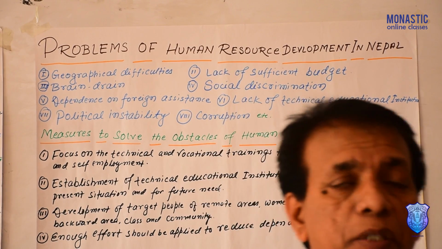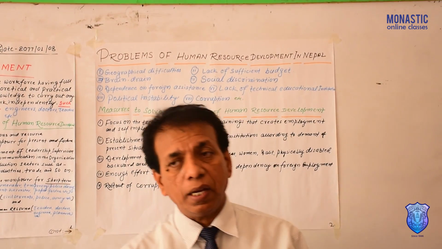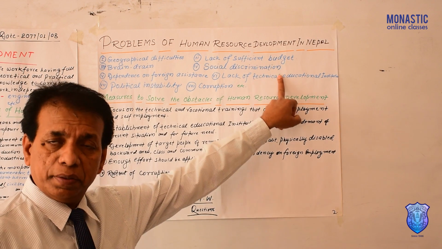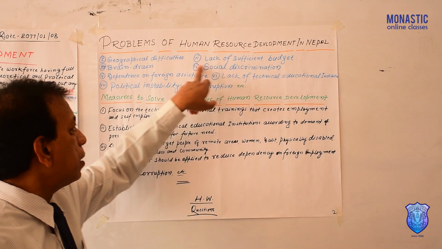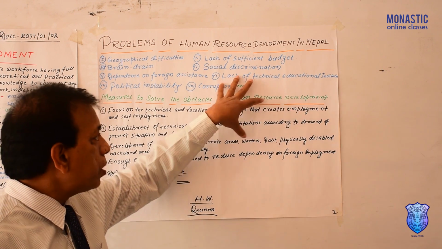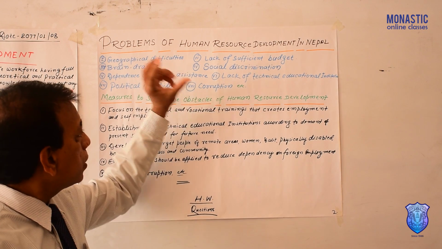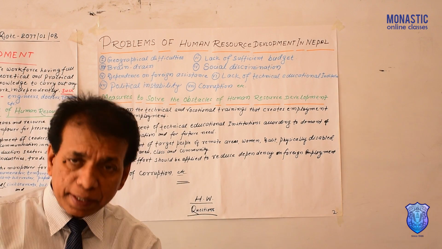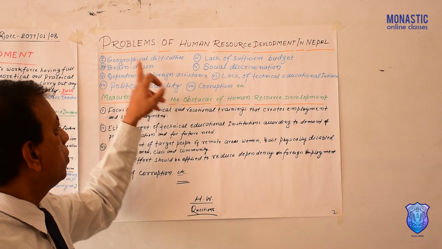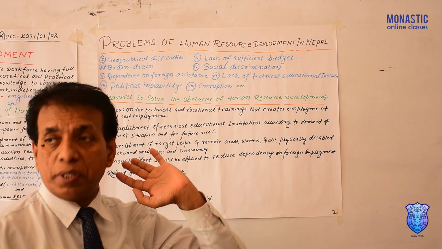Our nation does not have much income from various resources, so budget collection in Nepal is also poor. Because of this, our country is unable to spend a huge amount of money for the development of human resource here.